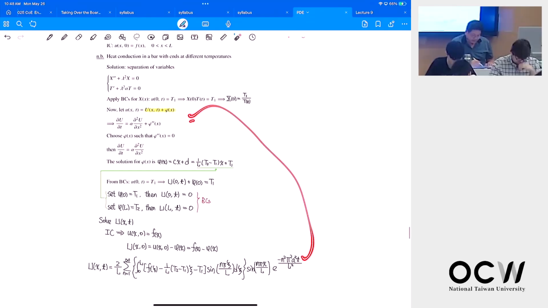And then you can find the original solution u plus the phi.